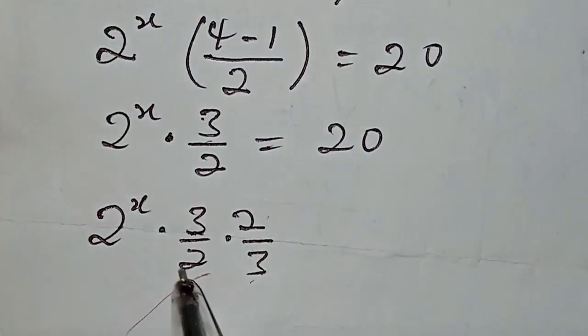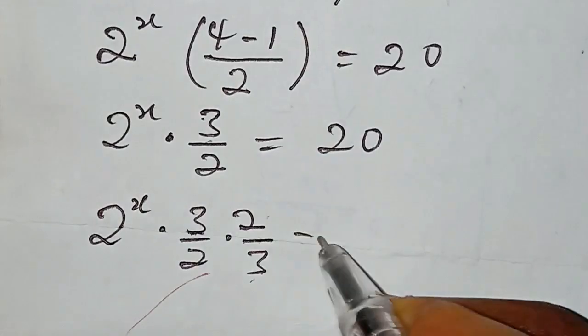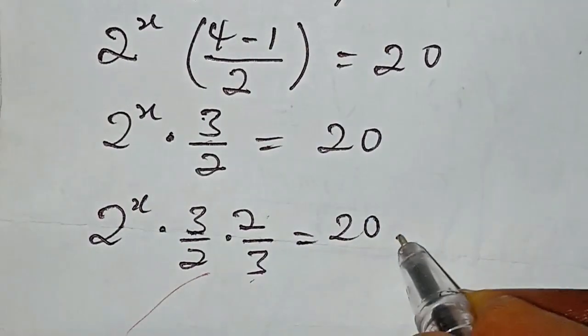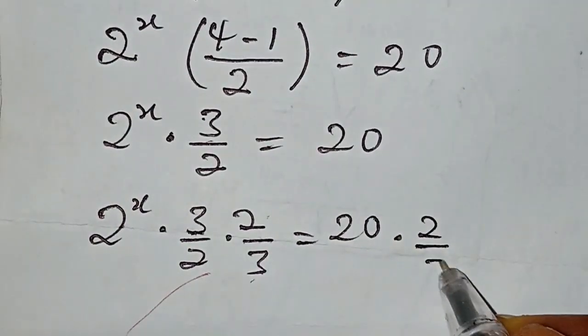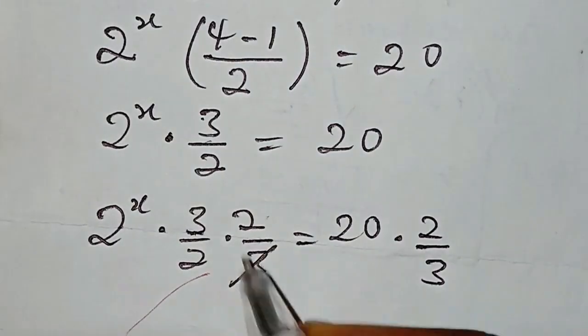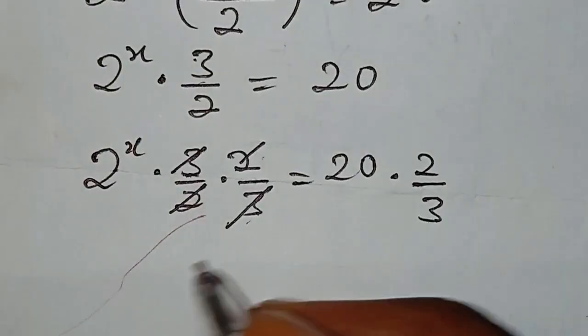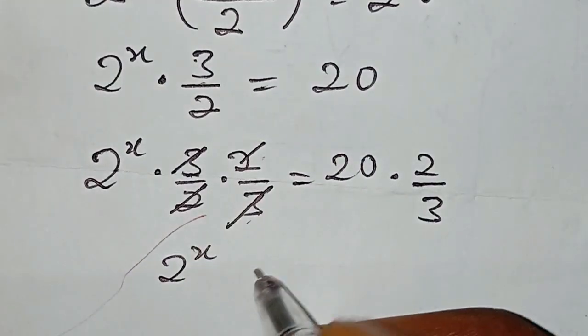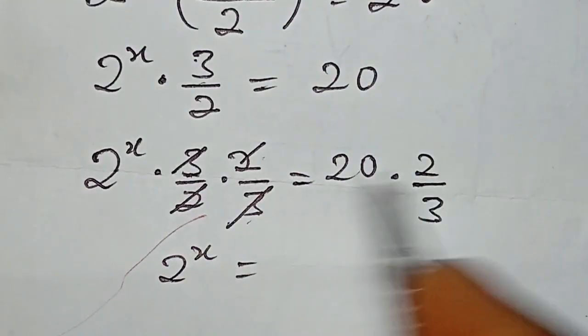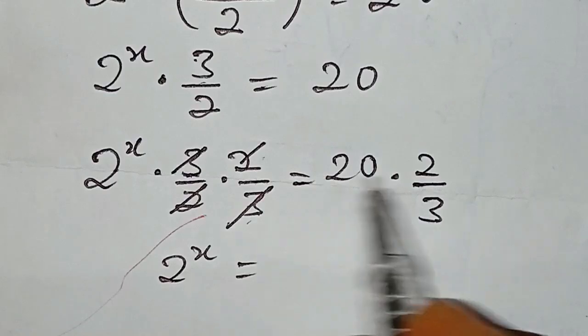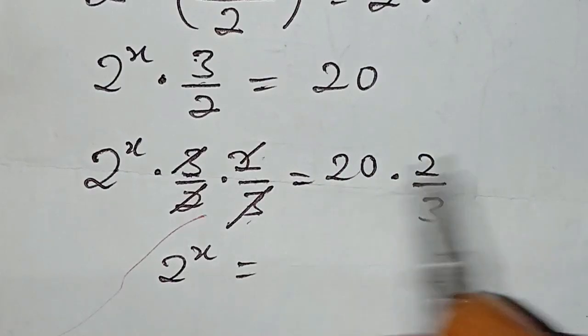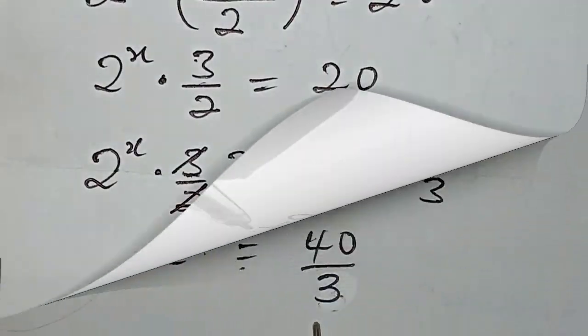This 2 over 3 will be the inverse of 3 over 2. That will be equal to 20 multiplied by 2 over 3. So this one will cancel out this. So we are now left with 2 raised to power x equal to, we multiply this, 2 times 20 will give us 40, over 3.